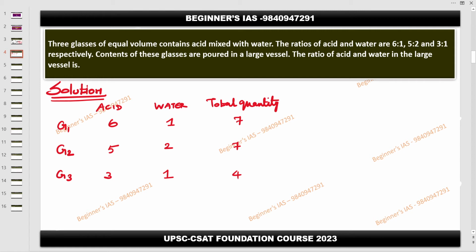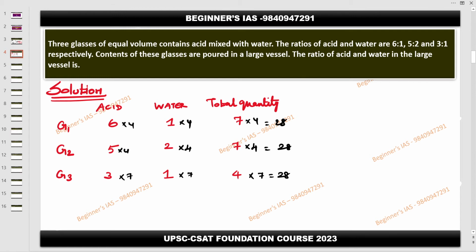So multiply here with 7, throughout this equation you have to multiply with 7 in order to get 28. Here you have to multiply with 4 in order to get 28. So multiply here by 4, and here also by 4.